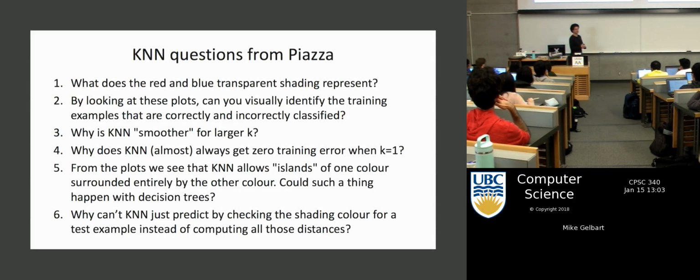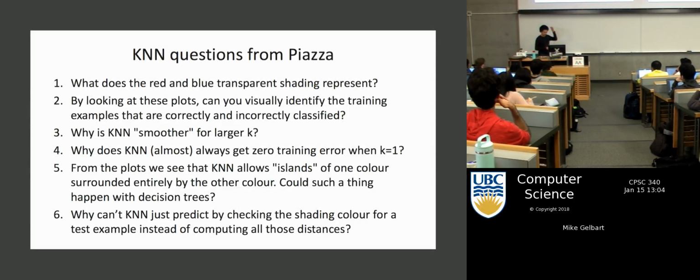But these plots I showed you last time with the red and blue shading and the points and all that kind of stuff, which is also available on GitHub as the demo slide. So there is a discussion on Piazza about this, and I'd encourage you to check it out, and be able to answer these types of questions.